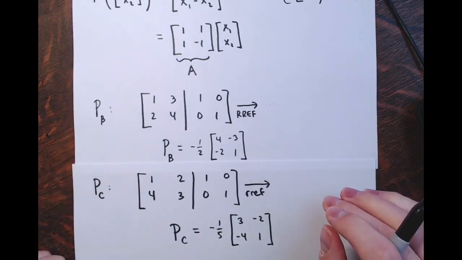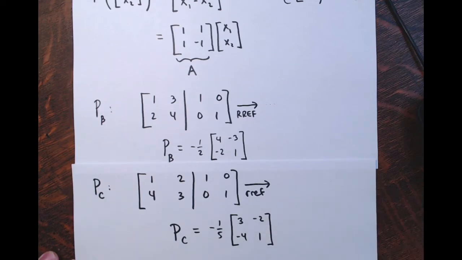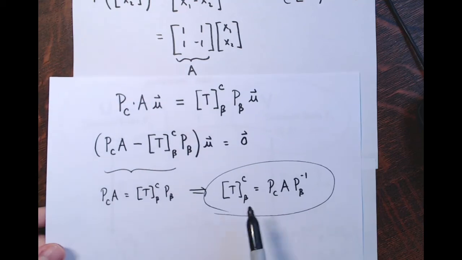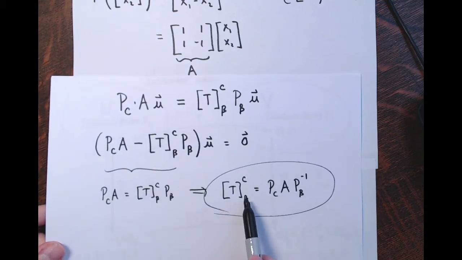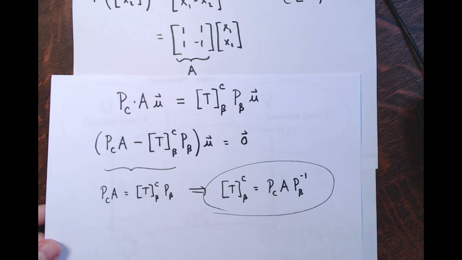And then using these, remember I can find that matrix representation. I just wrote on this paper here that the matrix representation of T relative to B and C is PC times A times PB inverse.